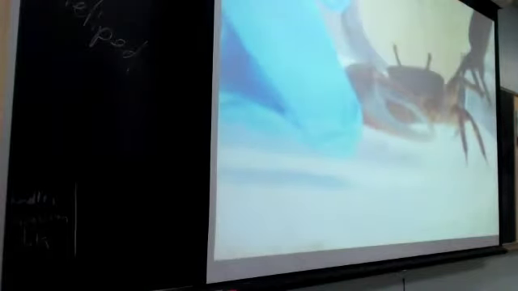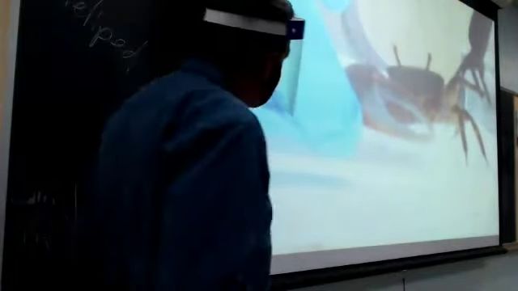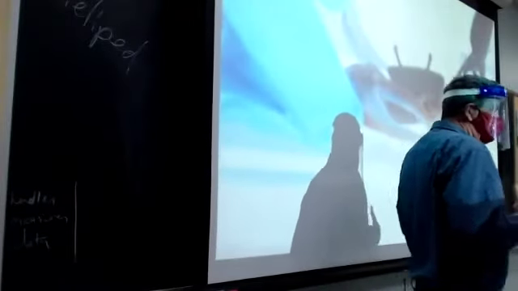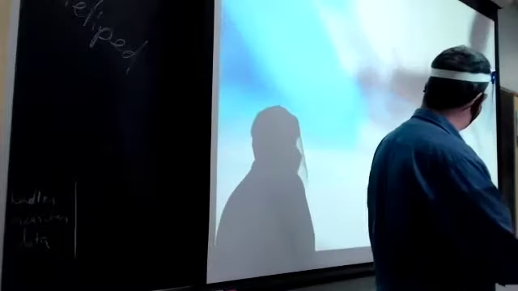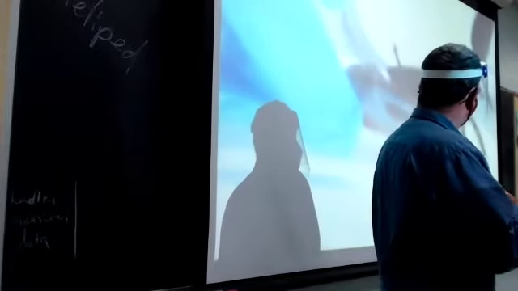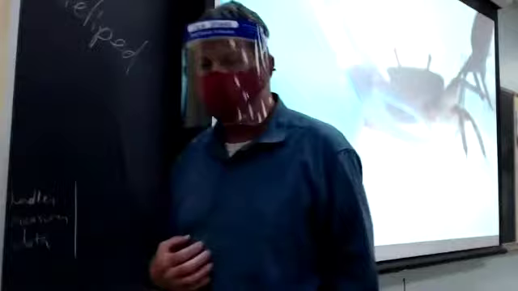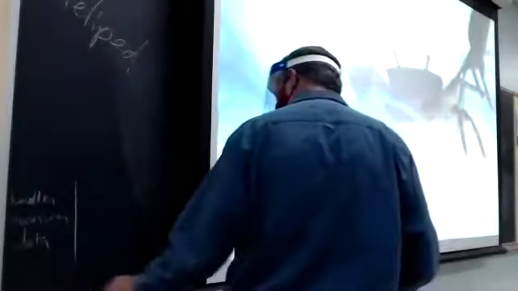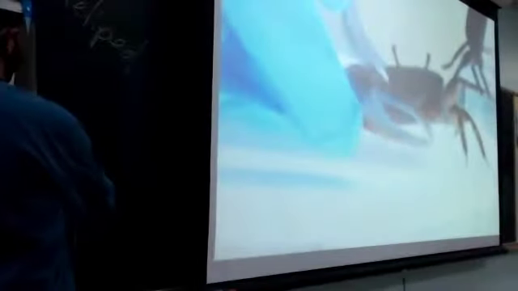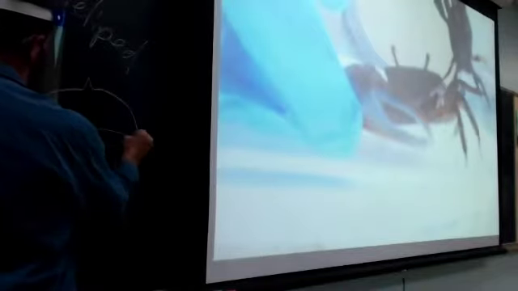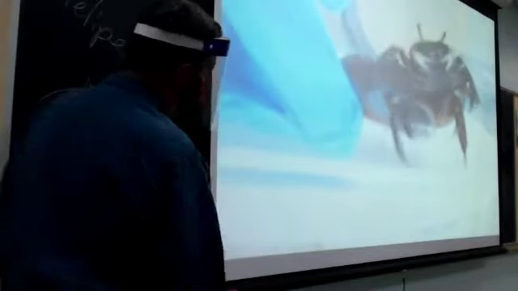The underneath side. Now see the male abdomen right here. The abdomen of the male is kind of skinny, kind of like the Washington Monument, whereas the female's abdomen, like the blue crab, is kind of big like this. We tend to call it an apron.